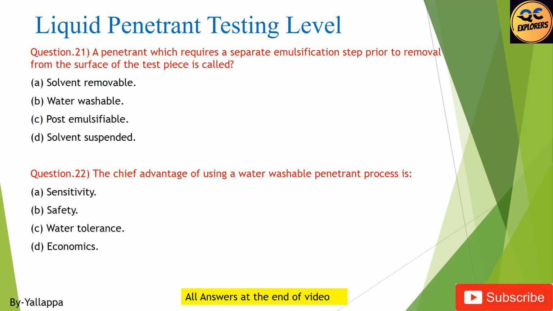A penetrant which requires a separate emulsification step prior to removal from the surface of the test piece is called solvent removable, water washable, post-emulsifiable, solvent suspended. Question point 22. The chief advantage of using a water washable penetrant process is sensitivity, safety, water tolerance, economics.